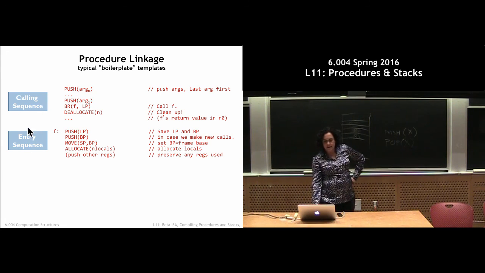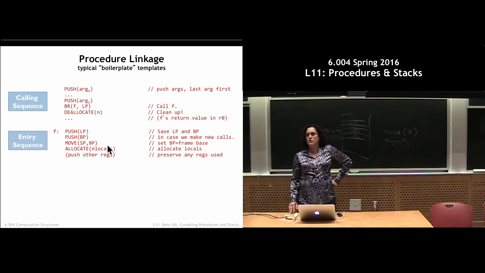On the entry side, at the beginning of the procedure code, we first push LP, then we push BP, then we move stack pointer to base pointer. This now makes the base pointer and stack pointer point to the same location, which is the one immediately after the stored BP value. And then you allocate space for your locals, and if you're going to make use of some registers, then you would save those registers.